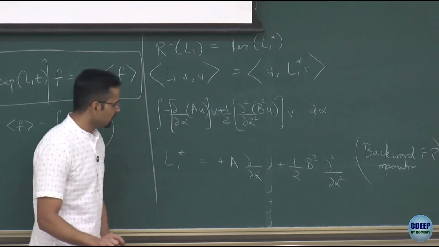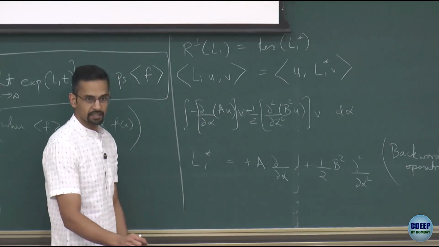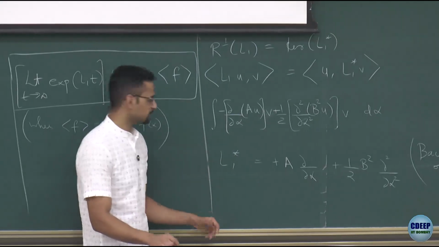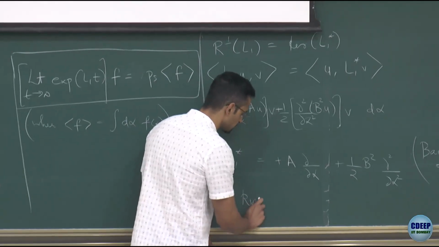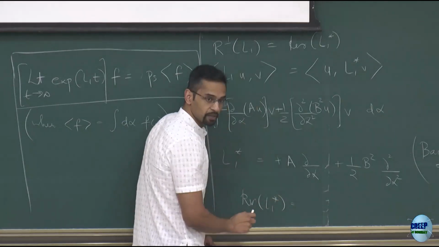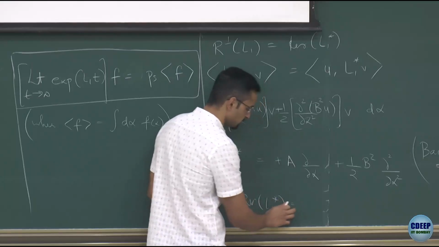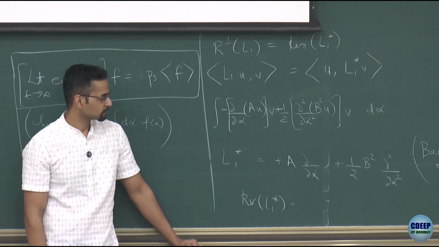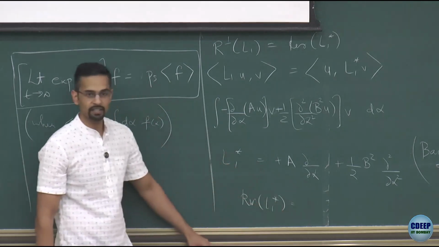Anyway, when we consider the adjoint of L1, it turns out to just be the backward operator, which I derived. And now you can see the kernel, because it's not the same as L1, will also not be PS, right? So what is the kernel of L1 star, the range complement of L1 onto which I need to project the equation? What function of alpha will give me L1 star equal to 0?